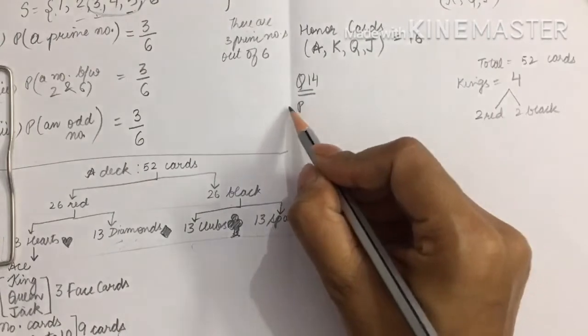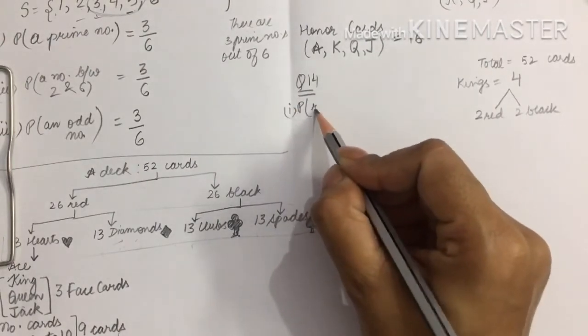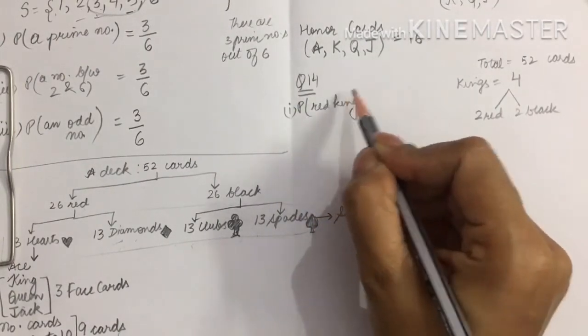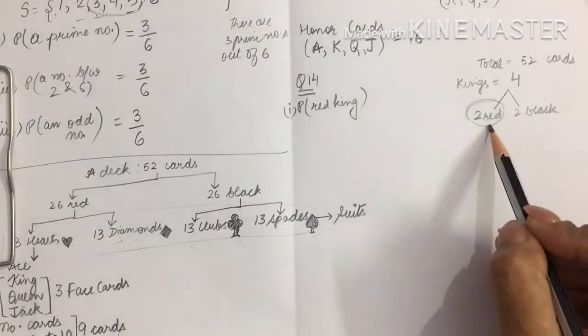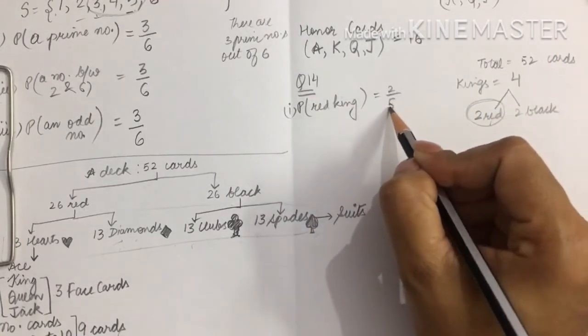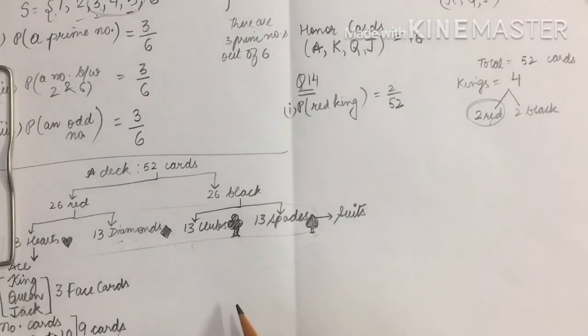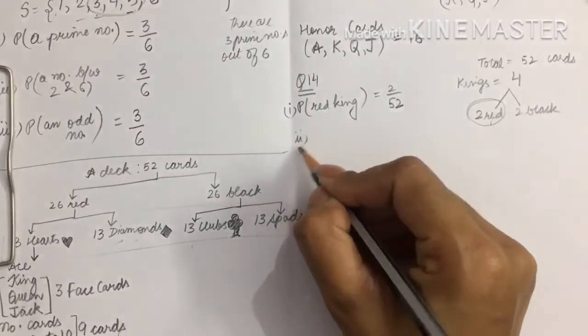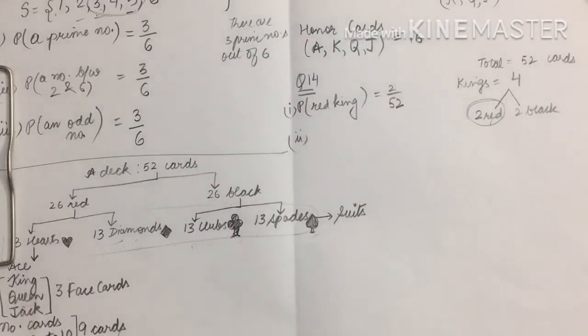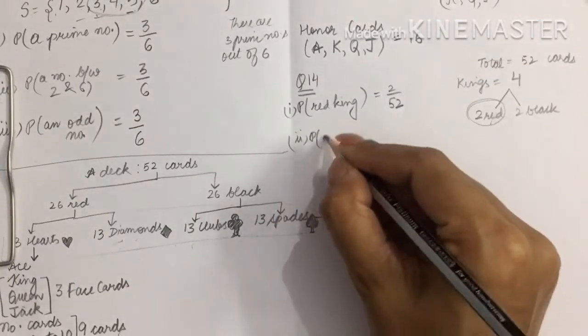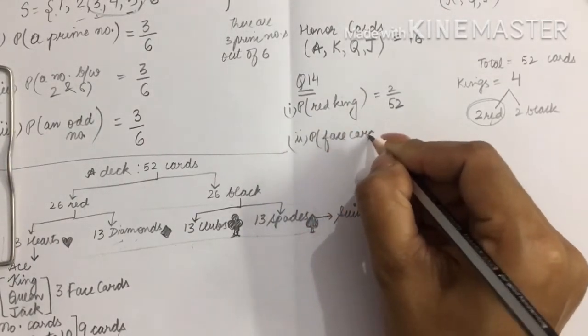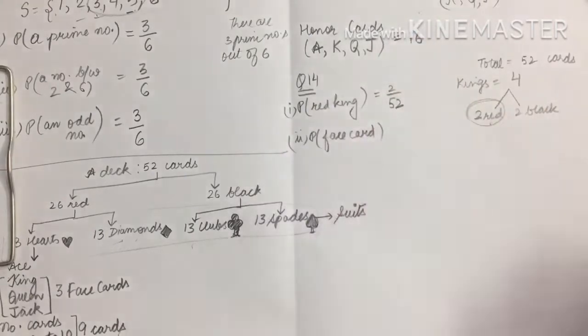We want probability of red king. So how many red kings are there? 2 out of 52. Second part, we want to know the probability of a face card. So probability of face card, we've already written here how many face cards we have.